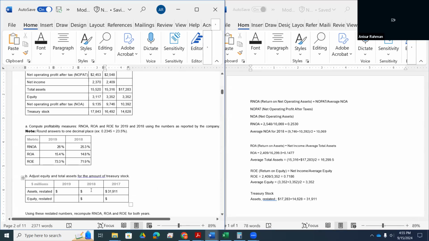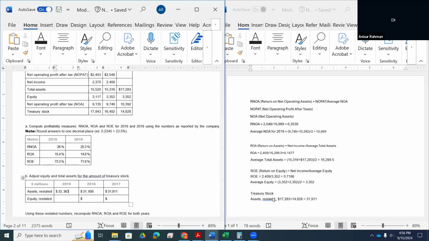If you follow the same process, you should get 31,808 for 2018, 33,363 for 2019.